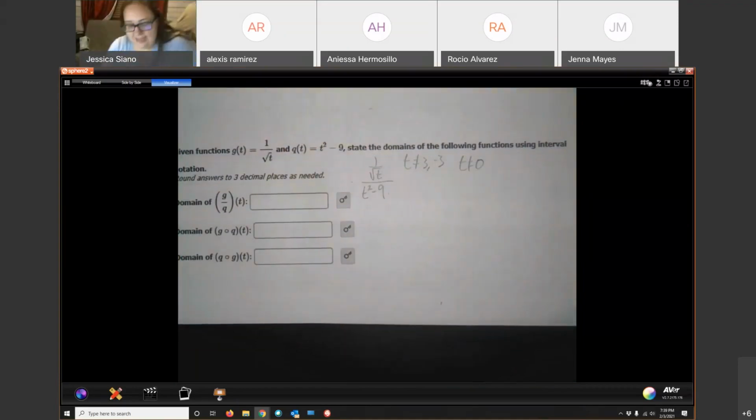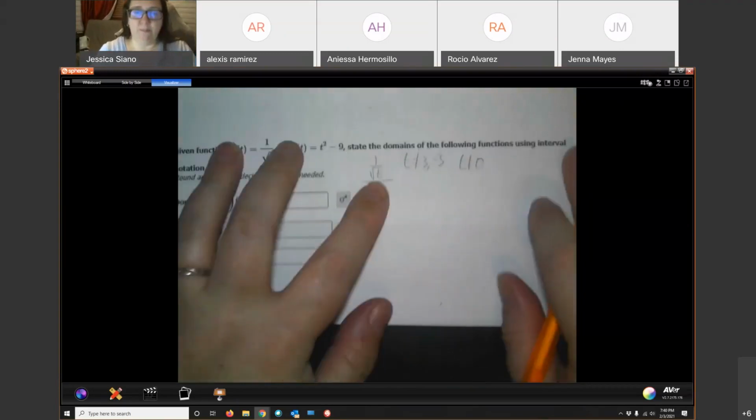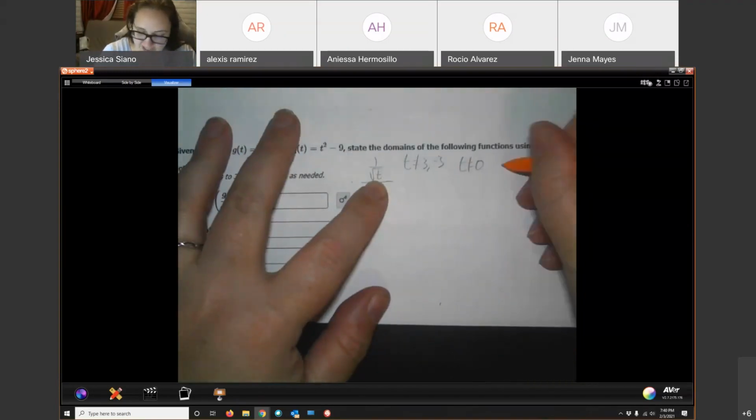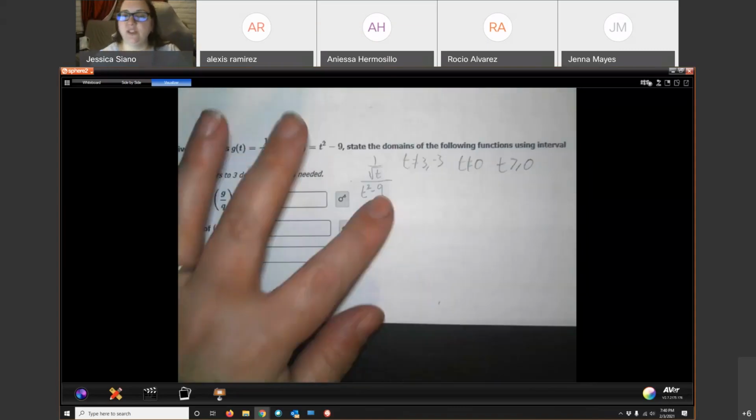The next thing I'm going to say is, my radicand, which here is just a t, has to be greater than or equal to 0, because that's what I do with the square roots.